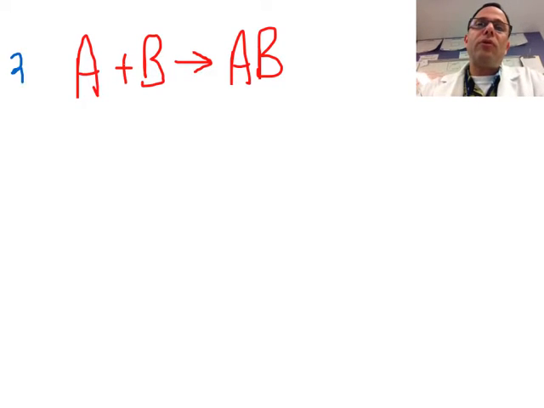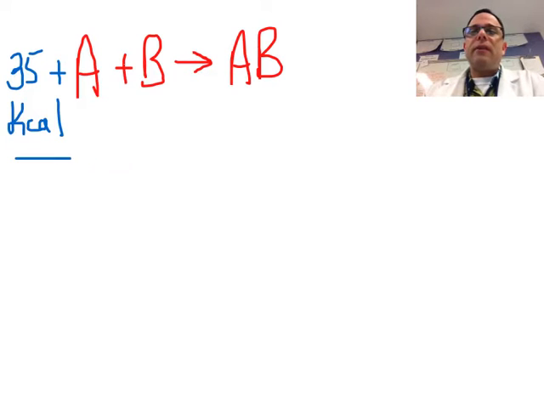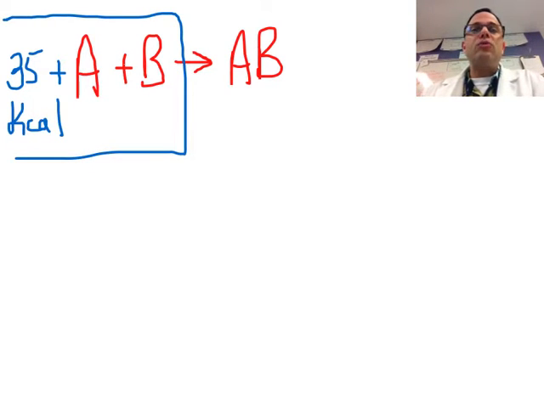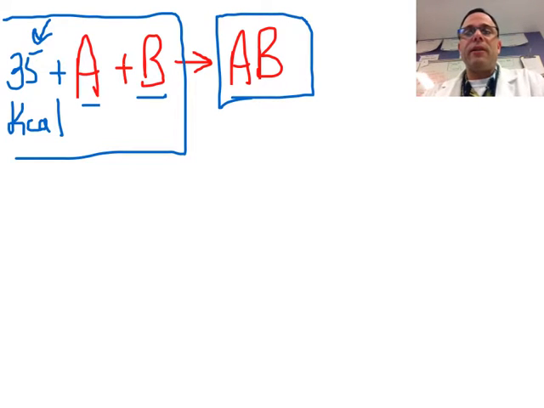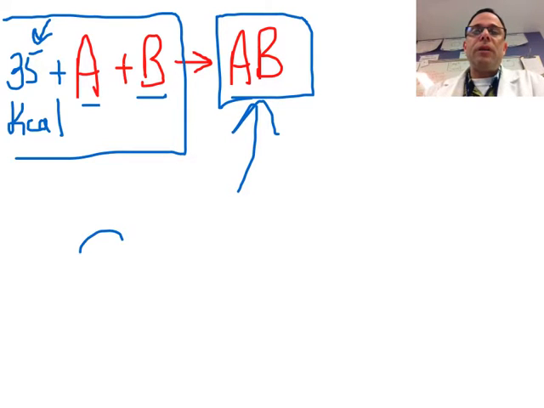And let's just say we put 35 kilocalories on this side. Well, that would be saying that in order to make this reaction occur, A and B needed to absorb 35 kilocalories of energy so that it got recombined and reformulated into the substance now known as AB. This would be an endothermic reaction.